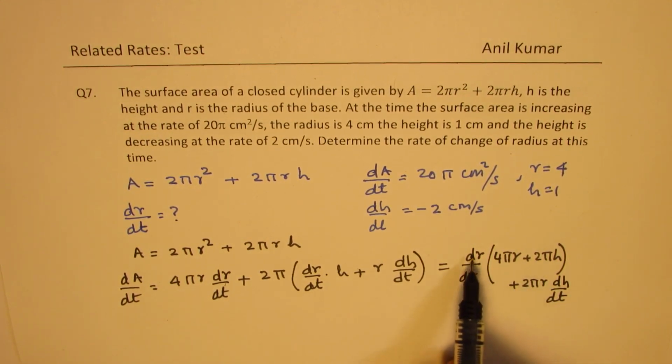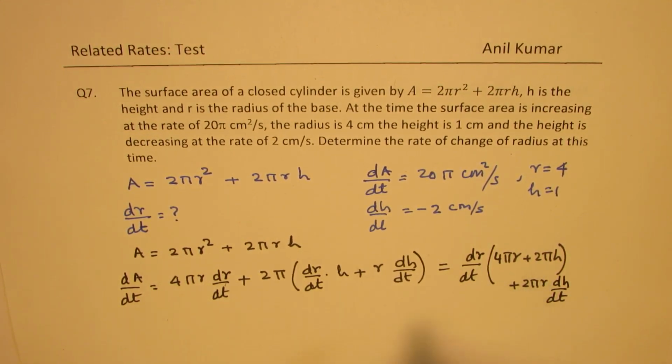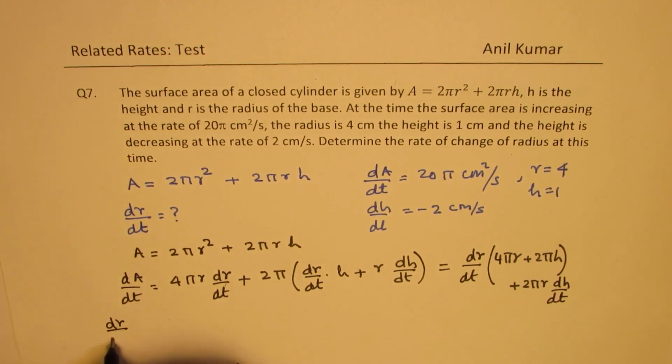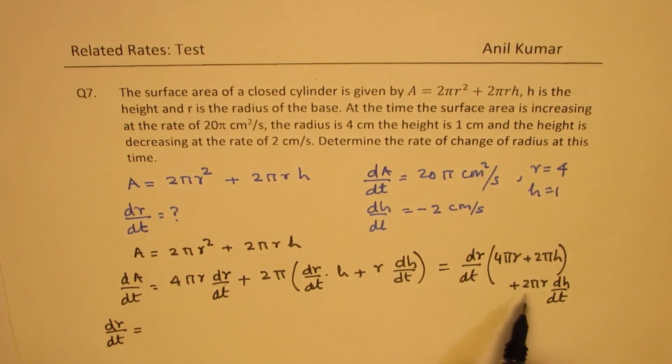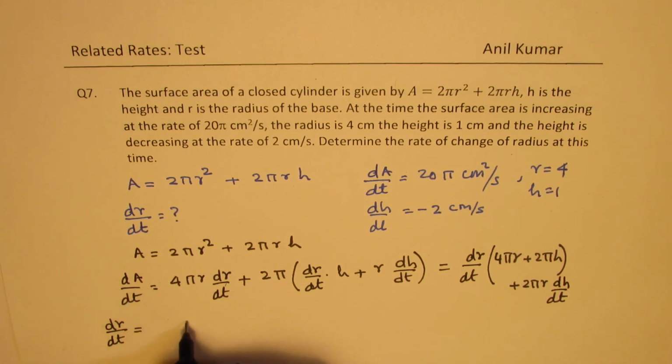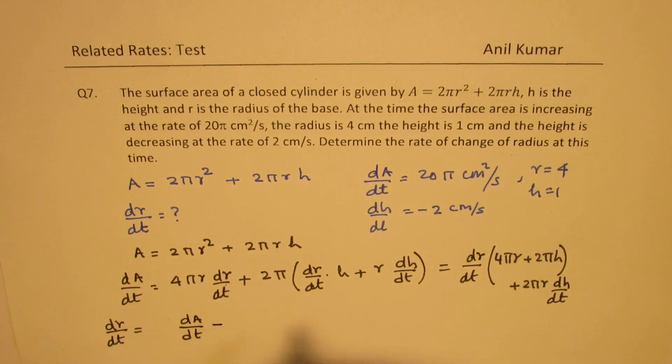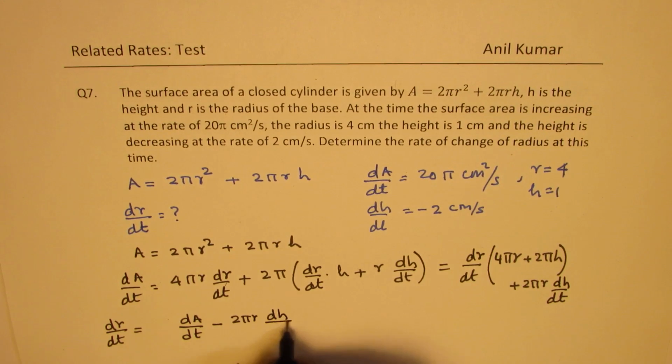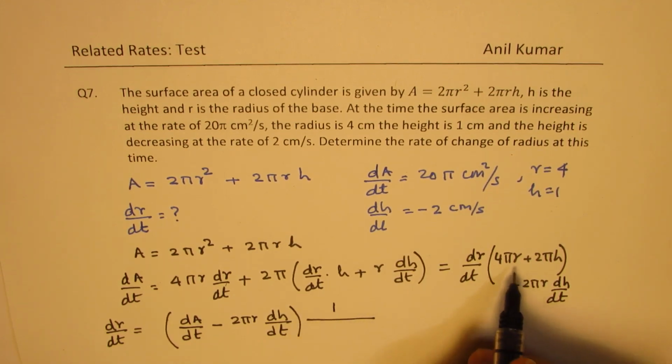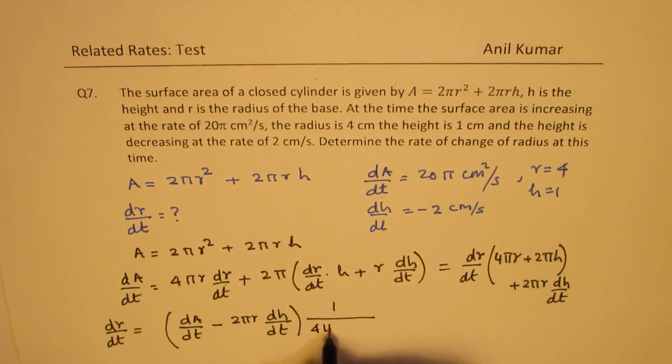So now from here we can get dr/dt. So dr/dt is equal to dA/dt minus 2 pi r dh/dt, and we divide all this by 4 pi r plus 2 pi h, correct?